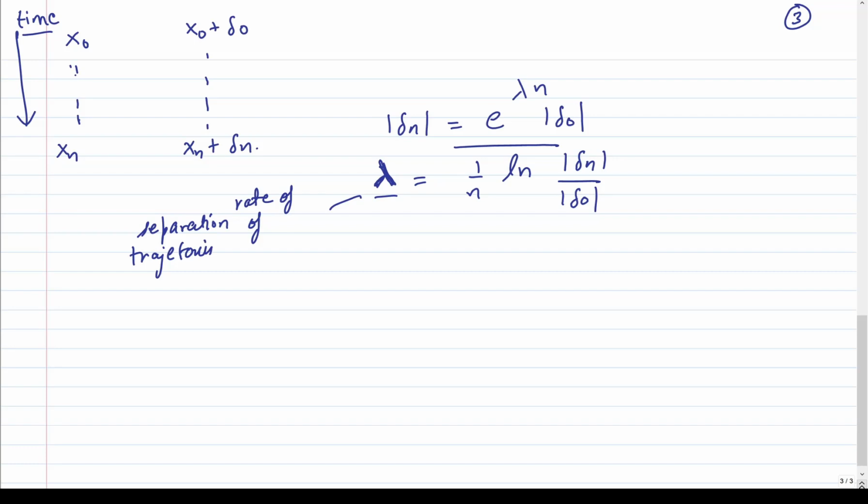Now I can write this formula as follows. What was lambda? Delta n. This was nothing but quantifying the errors.